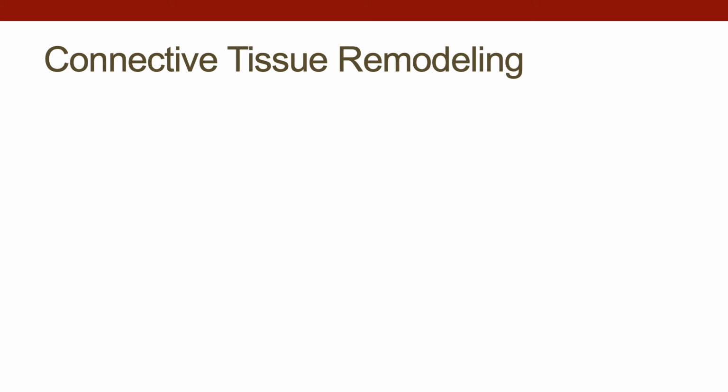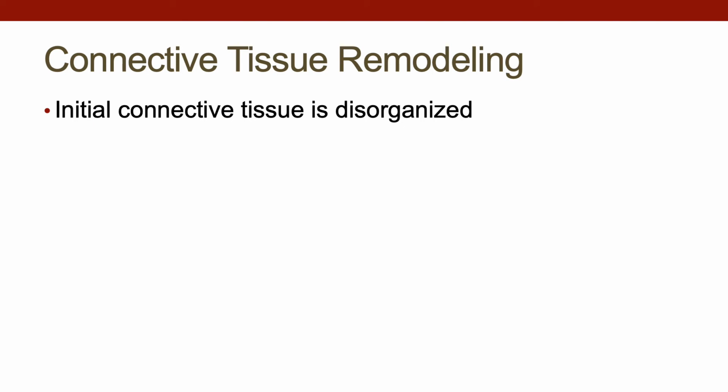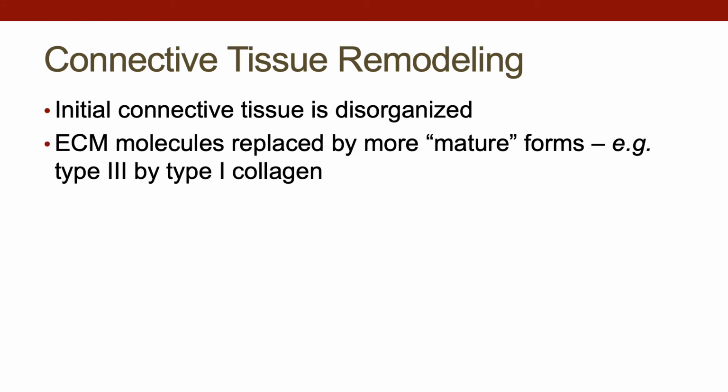There's connective tissue remodeling that occurs during the process. The initial connective tissue that's deposited is disorganized, and it gets more organized, and the extracellular matrix molecules are replaced by more mature forms.